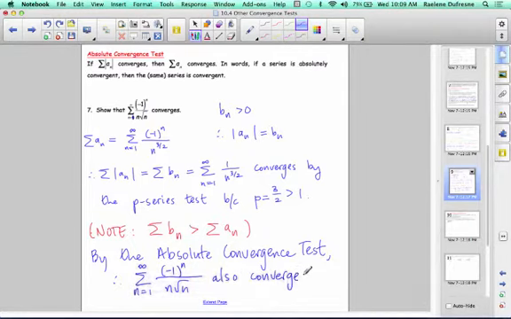In other words, we can say that the given series is absolutely convergent. Okay, this test still doesn't help us with the alternating harmonic series because the harmonic series is not convergent.